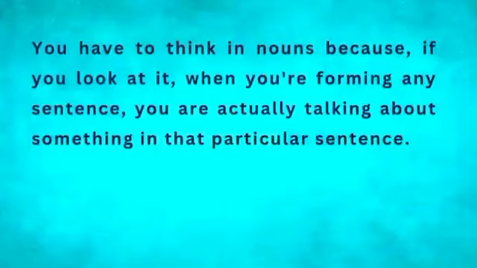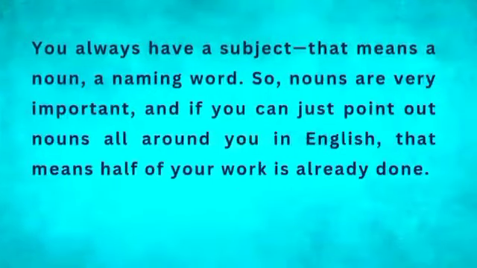You have to think in nouns because if you look at it, when you're forming any sentence, you are actually talking about something in that particular sentence. You always have a subject, that means a noun, a naming word. So nouns are very important, and if you can just point out nouns all around you in English, that means half of your work is already done.